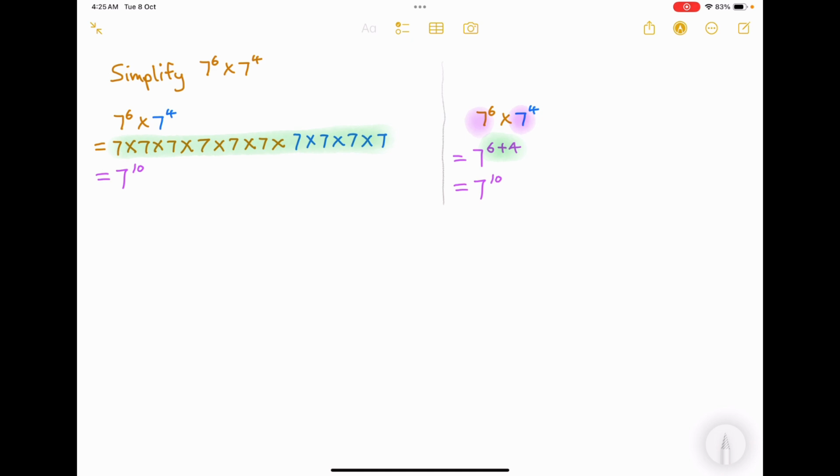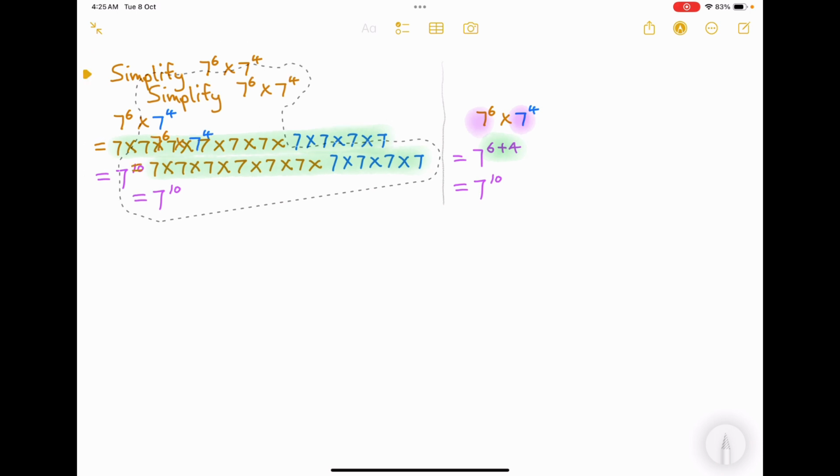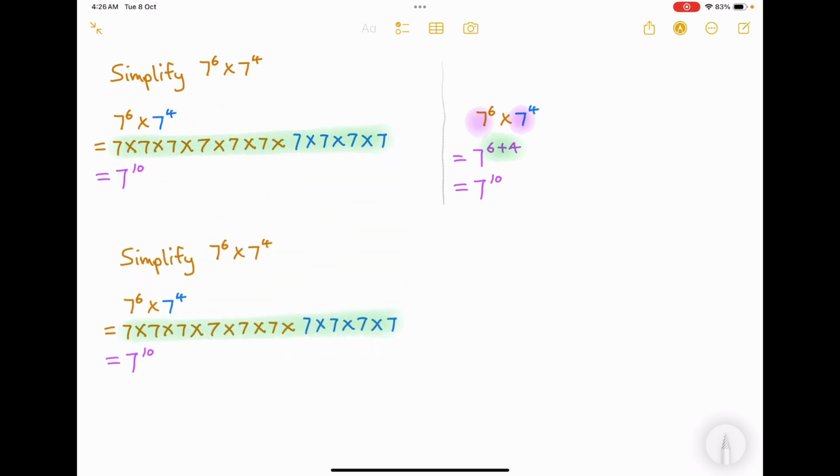We will redo this question using algebra. We will replace the number 7 with the letter H.